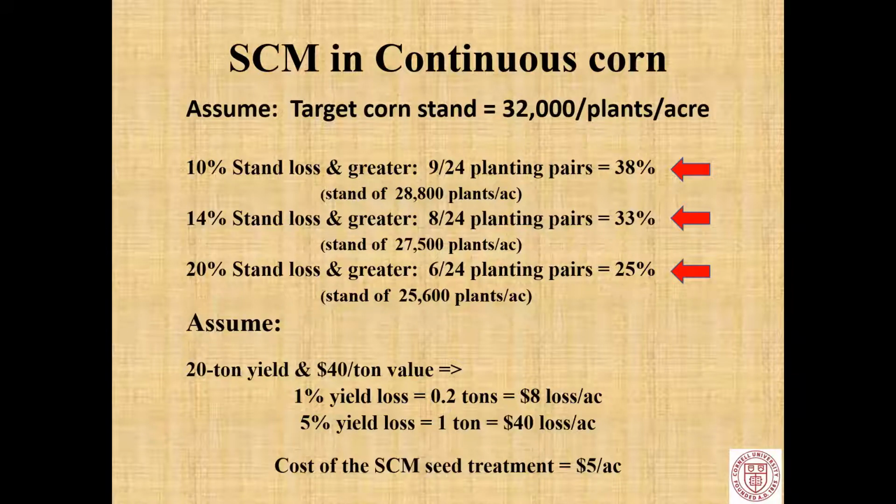The cost of seed corn maggot treatment is about $5 an acre. So if you're risking 1 out of every 4 of your fields to have yield loss and it costs you $5, is it any wonder that we treat all of our seed? So remember these values, 38% to 25% in 7-year continuous corn.